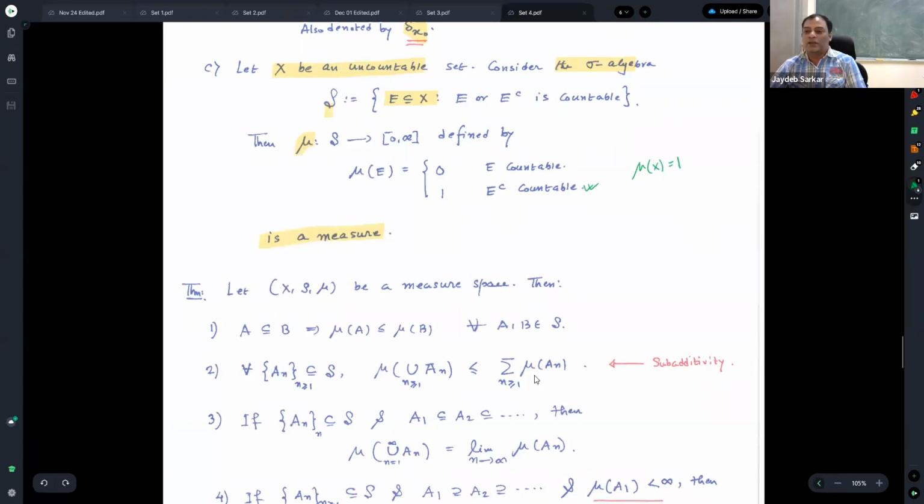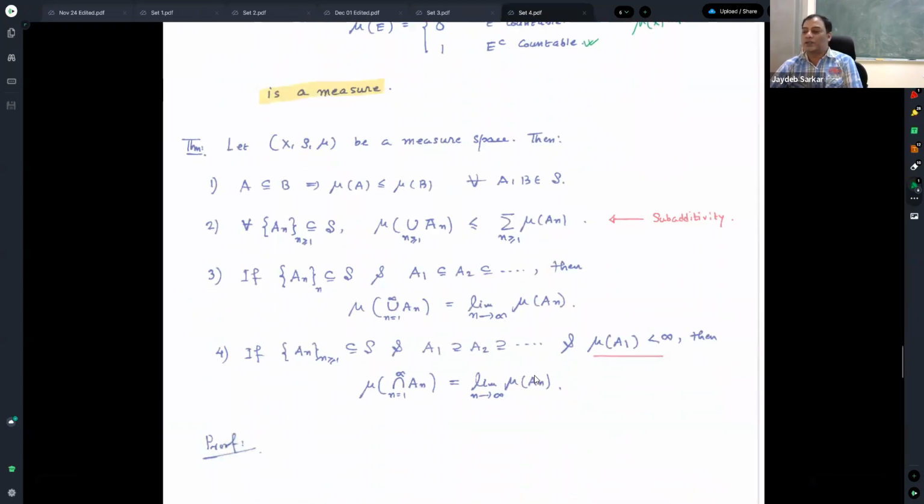Fine. So these are 3 examples, and now let's see some properties. Here is a couple, mostly taken from Rudin, but I explain. So now I assume (X, S, mu) is a measure space. So one more time, X is a non-empty set, S is a sigma algebra, and mu is a measure function defined all over S. And mu can take infinity also.